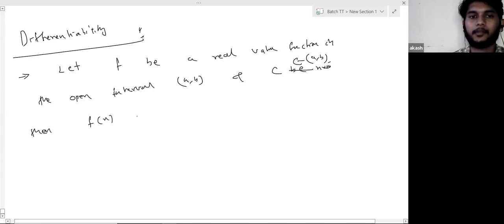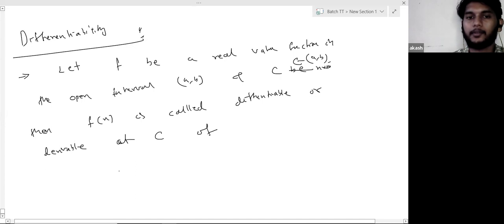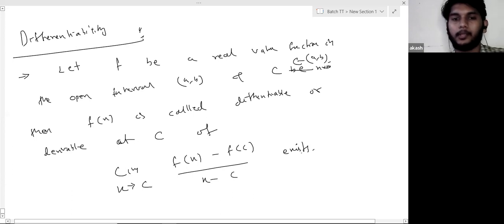Then f of x is called differentiable or derivable at c, if the limit as x tends to c of (f of x minus f of c) upon (x minus c) exists. Note it down. I'll explain what this means.